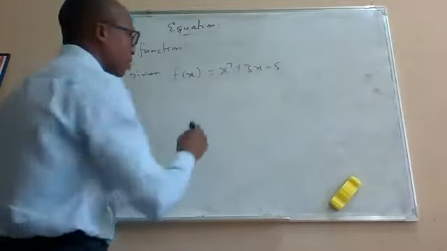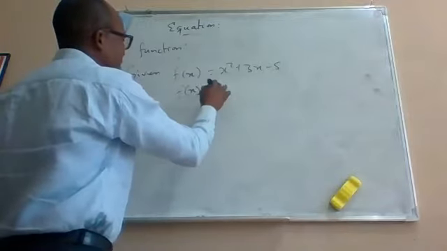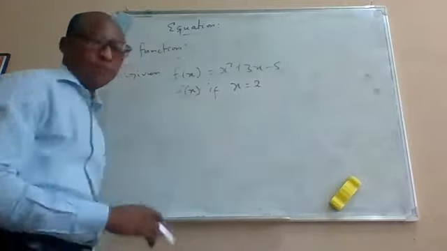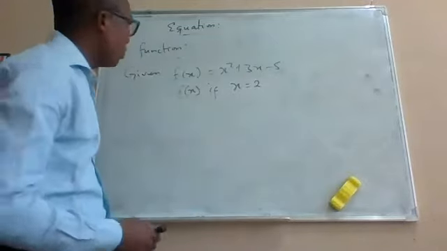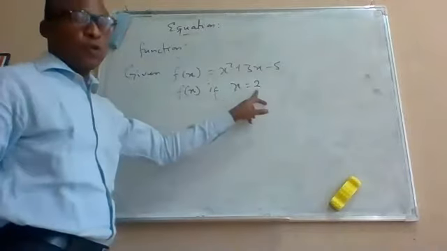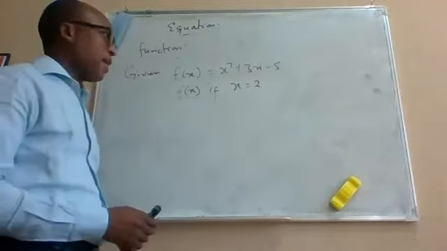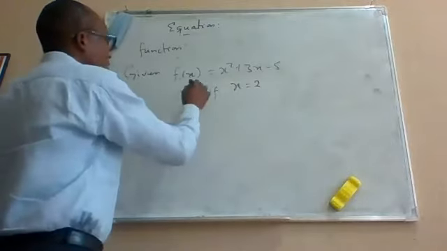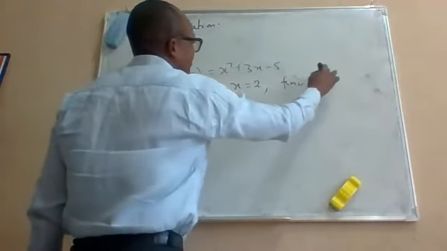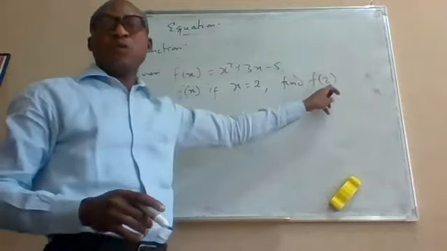For function, they will now say find f of s if s is equal to, let's say, 2. As an example, you have to do this. All you need to do, you are given that s is equal to 2. So what you need to do is to substitute 2 where you have s, or the question can say find f of 2, just this way.